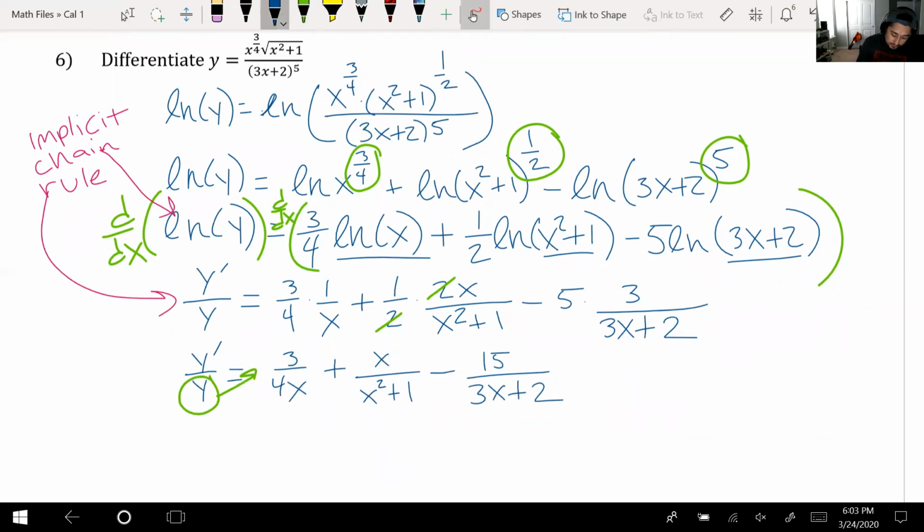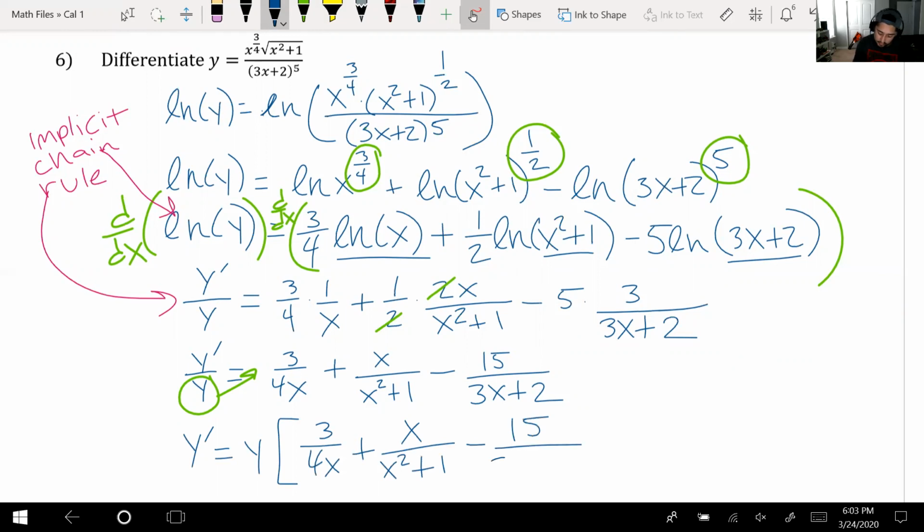So that gives us y prime equals y times all of this, 3 over 4x plus x over x squared plus 1 minus 15 over 3x plus 2. Okay, we're almost there. There's one more thing to do, and it's really easy.